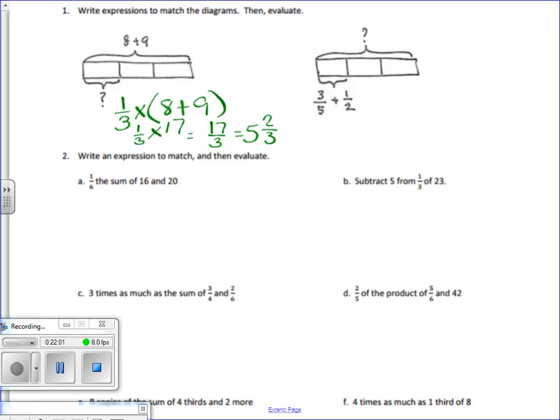So how are we going to figure out the question mark, LaDiamond? What times 3? 3/5 plus 1/2 times 3. Because this one is 3/5 plus 1/2, this one is 3/5 plus 1/2, this one is 3/5 plus 1/2. Now, solve it.